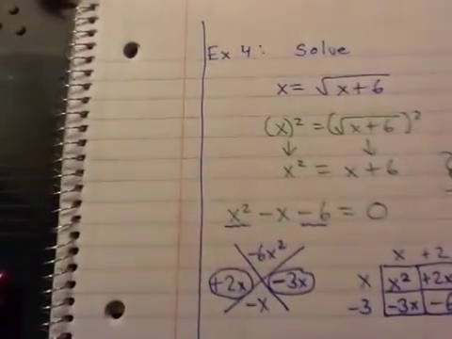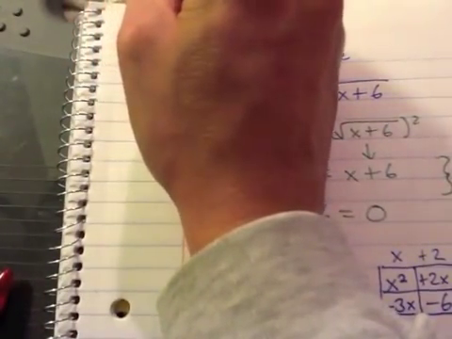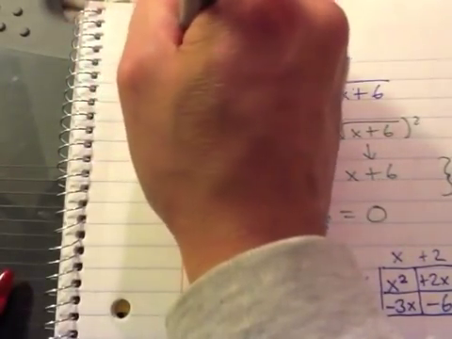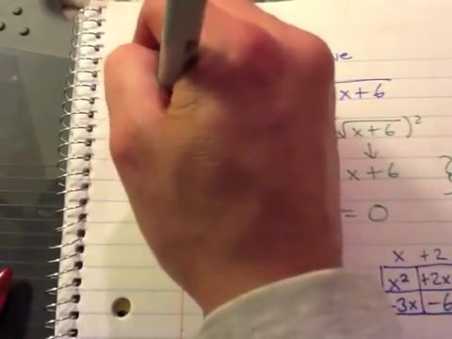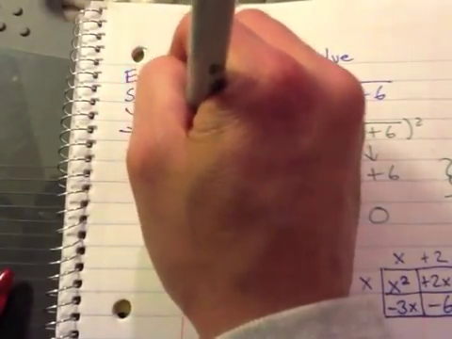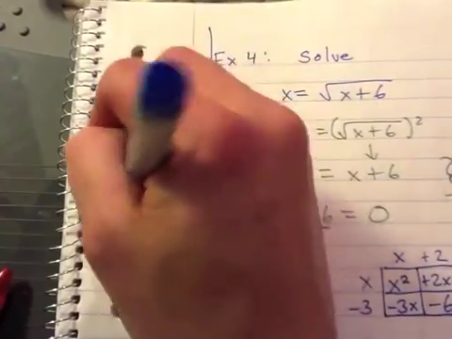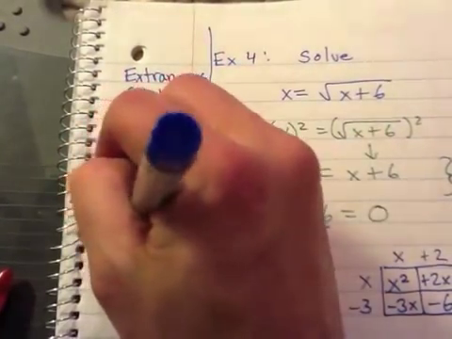So this was an example of extraneous solutions. And remember, extraneous solutions was when x becomes x squared, one solution might not work.